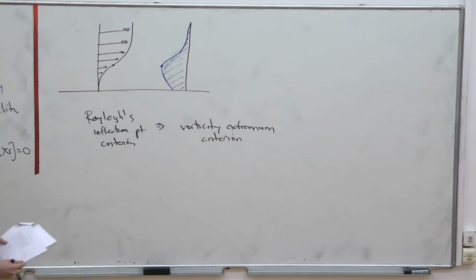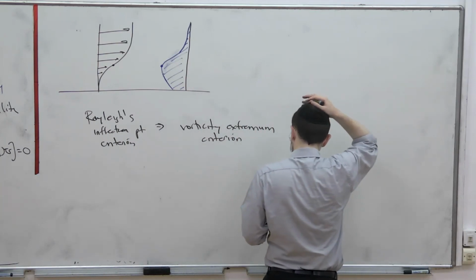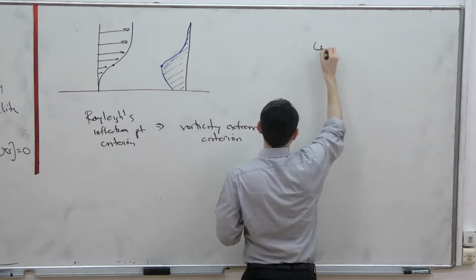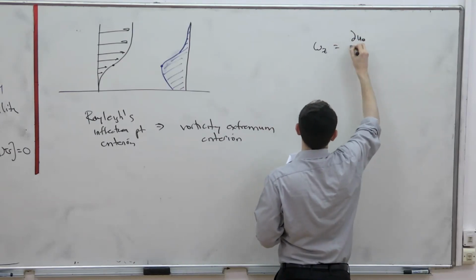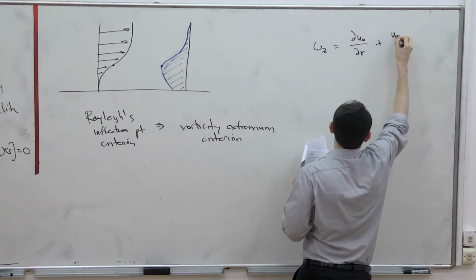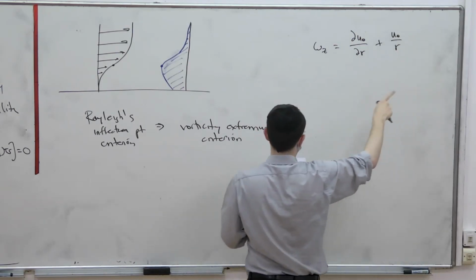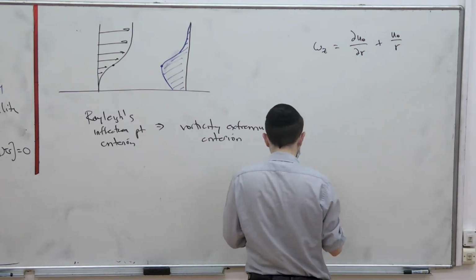So if I'm claiming that the vorticity maximum is where the necessary condition is, let's just calculate where our vorticity max is. So our vorticity in polar coordinates is the derivative of u theta with respect to r, plus u theta over r. Again, we're not accounting for any vorticity variation in the theta direction.